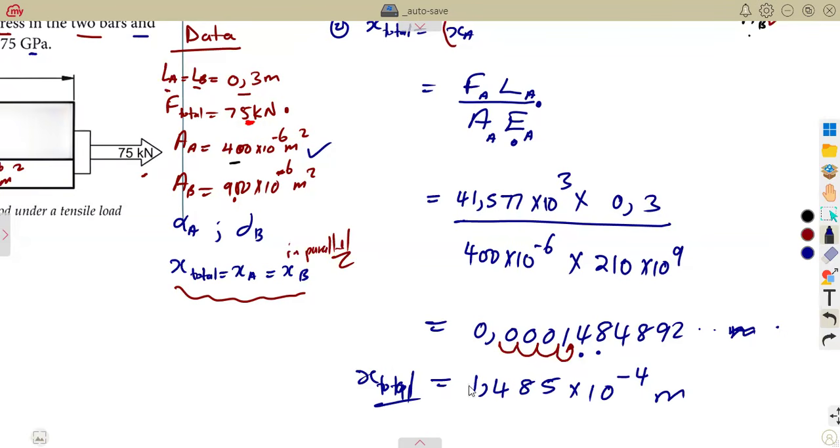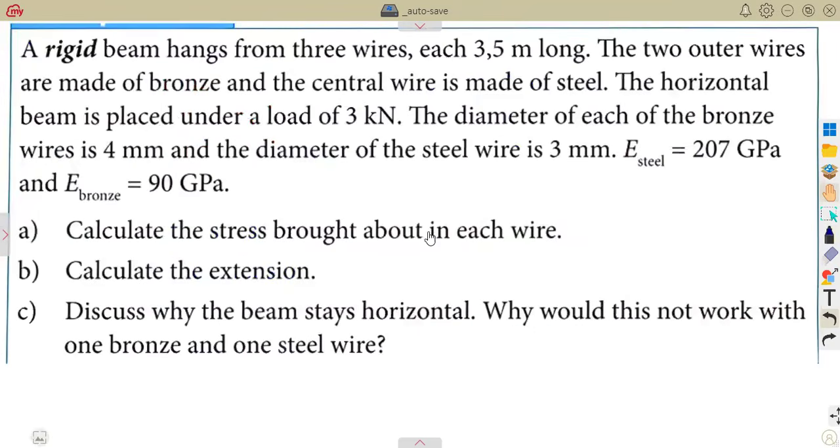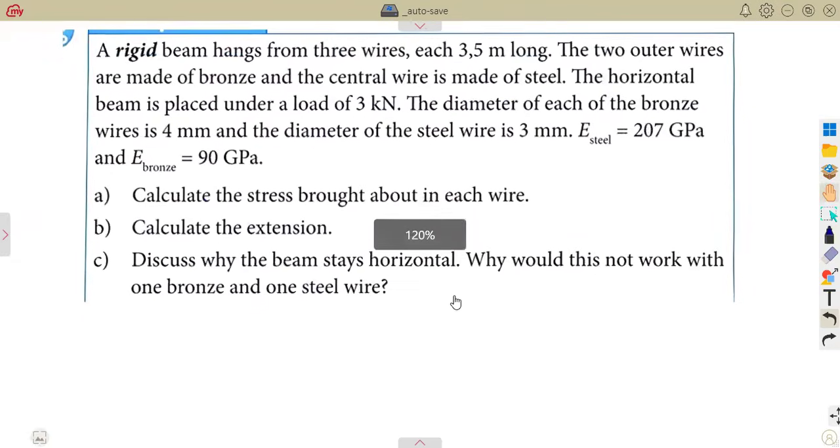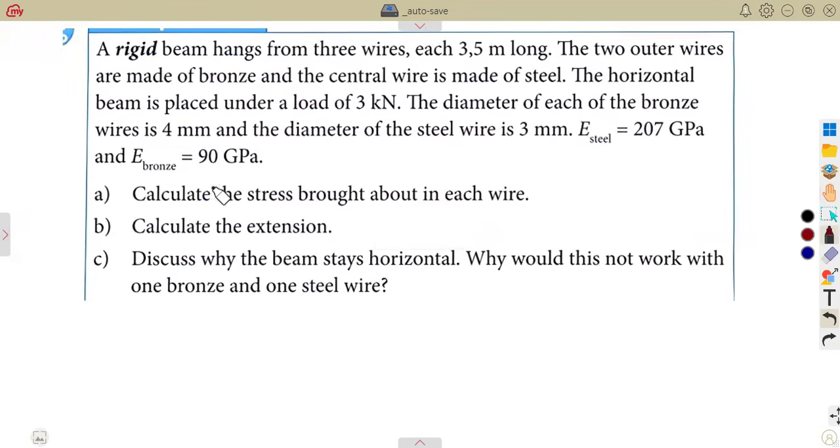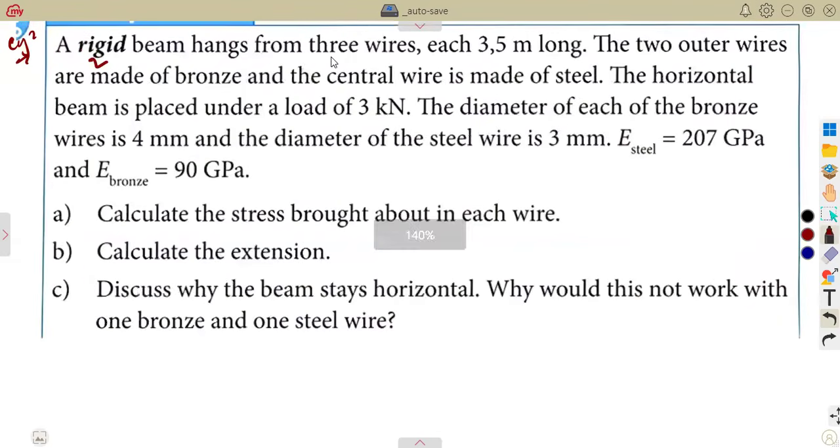So this parallel combination, guys, is just one and the same part that you'll be given, whether the questions are presented this way or another way, it's going to be the same. There they are giving us that this is a rigid beam. In another example, a rigid beam hangs from 3 wires.